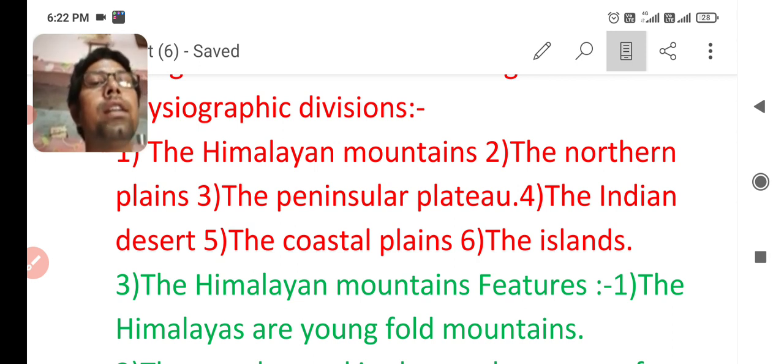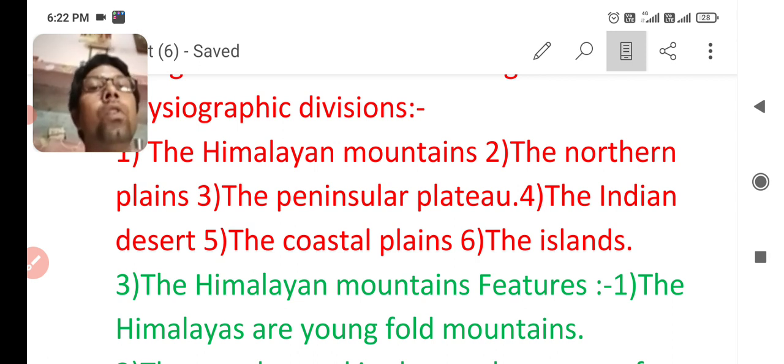You know that we have discussed only 2 points right now. First is the characteristics of Indian physical features. So you learnt about 4 or 5 major characteristics of Indian physical features: that the peninsular plateau is the oldest part of the world, the northern plain is made of alluvial soil, and the Himalayas are the young fold mountains.